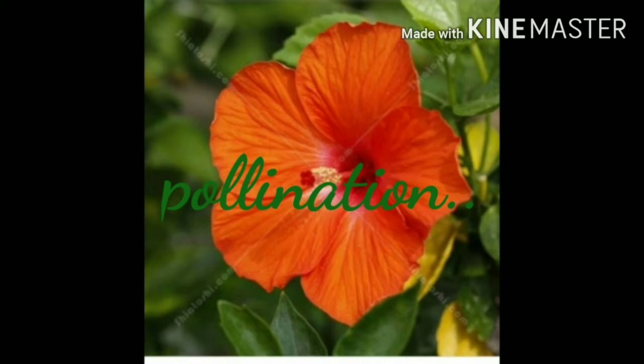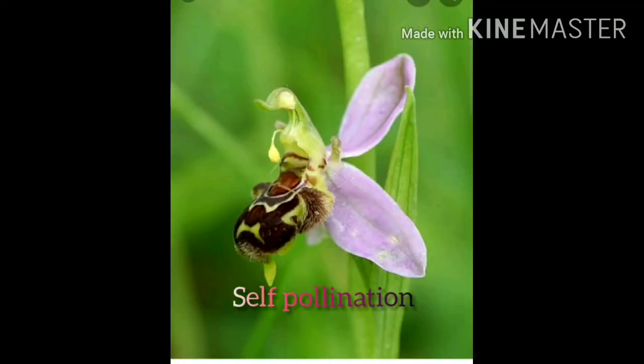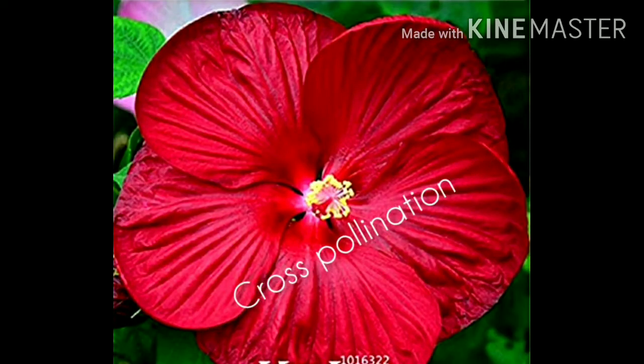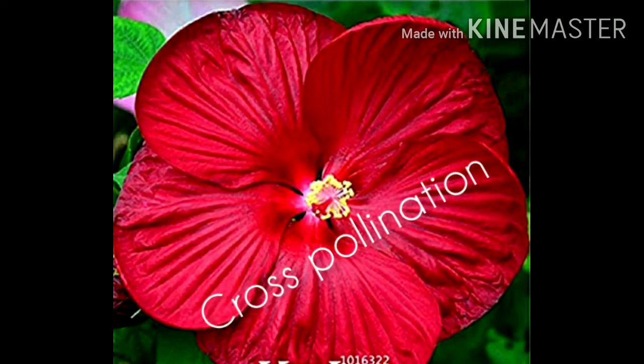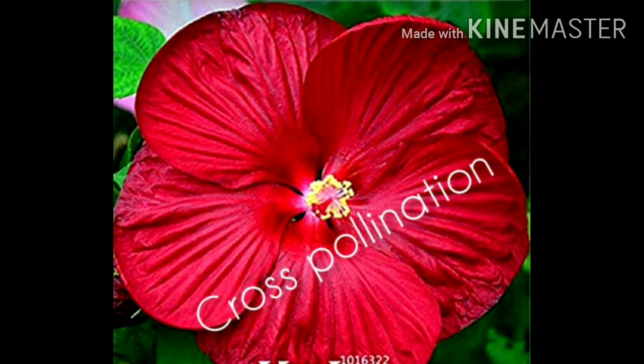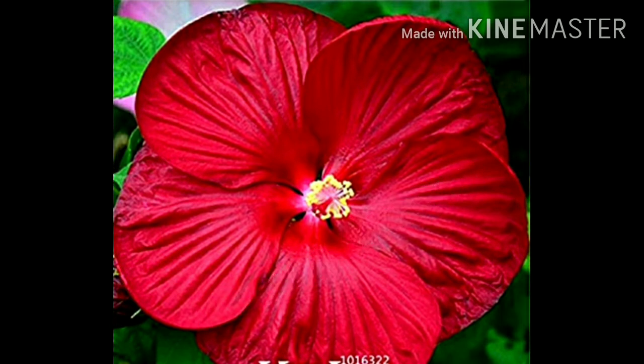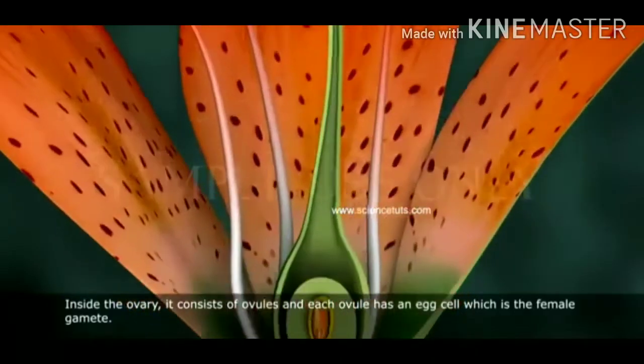Cross-pollination is also called allogamy. Self-pollination is the transfer of pollen grain from anther to stigma of the same flower. Cross-pollination occurs only when two different plants, either of the same species or different species, are involved in this process.